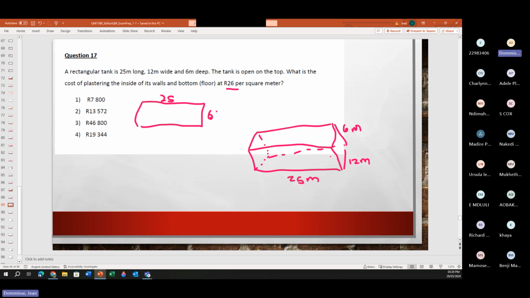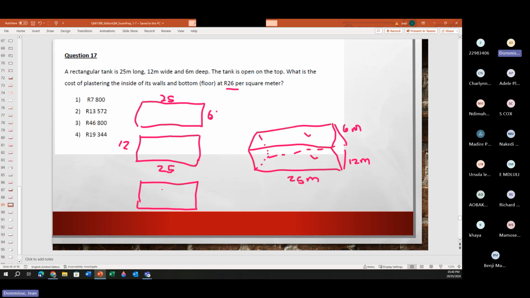Then there is the area at the bottom, which is a 12 by 25. I'd rather draw everything out. So we've got the one at the back, the one at the bottom, then the one in the front, which is again 25 times 6. So that is all the longer ones that we covered.